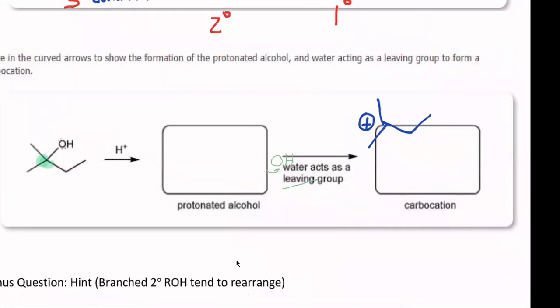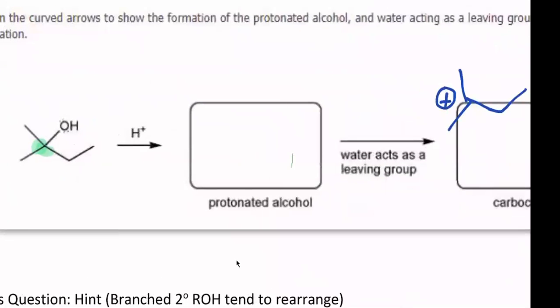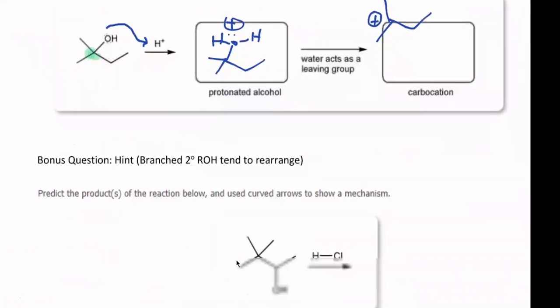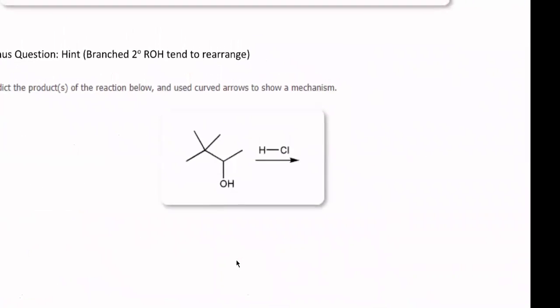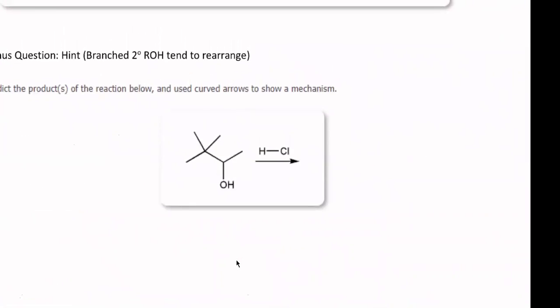So you have an arrow coming from here to here. And then in here you'll have that hydronium. We're not going to have time to do the bonus question, but I wanted to do this question with you.